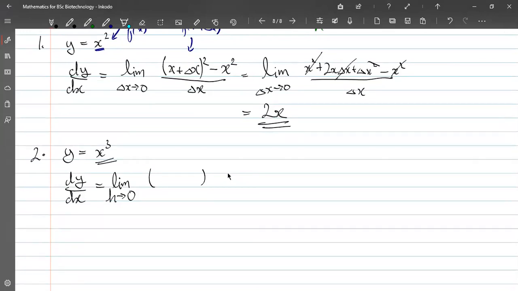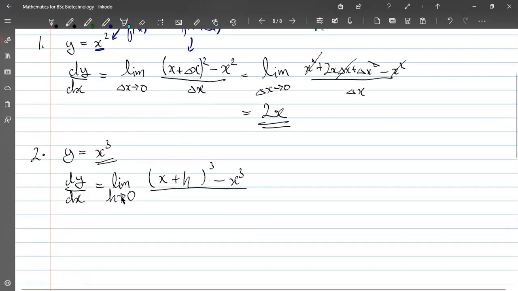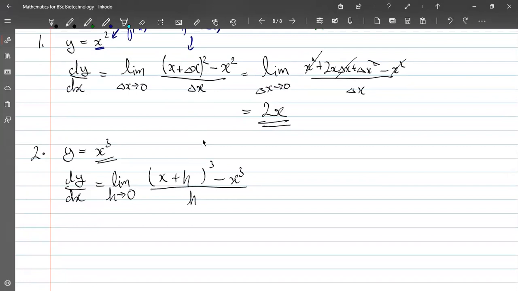So what is f of x plus h? x plus h the whole cube, minus f of x, that is x cube, as it is. Earlier we had divided by delta x. Delta x is being written as h, so it is just h. We'll write it in the next line.